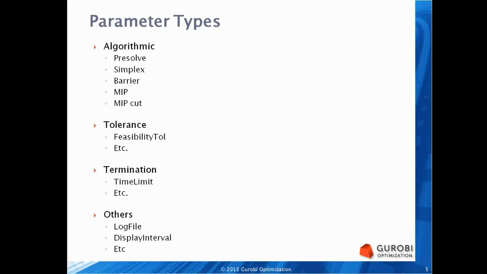We have other termination parameters, like the node limit for the branch and bound tree. Others control whether you want a log file, what the name of the log file is, and whether you want more or less display message.